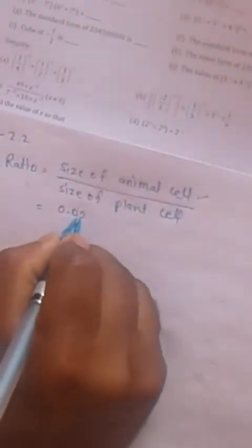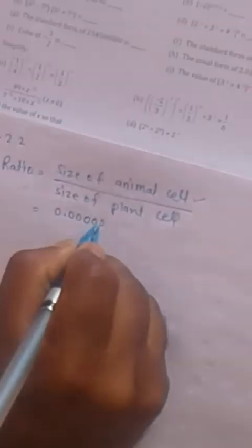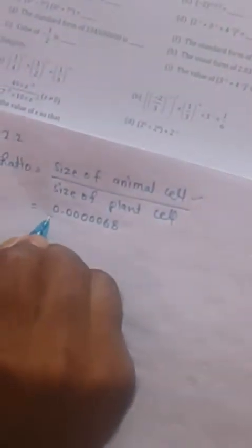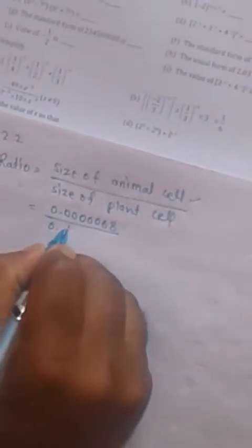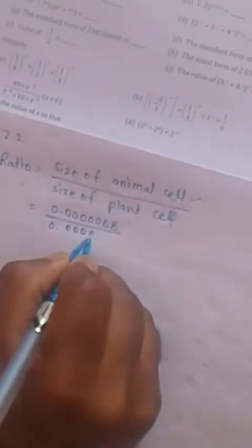So 0.000068 upon 0.000015. Firstly, we change it into like decimals. You can see there are 4 zeros on both sides.